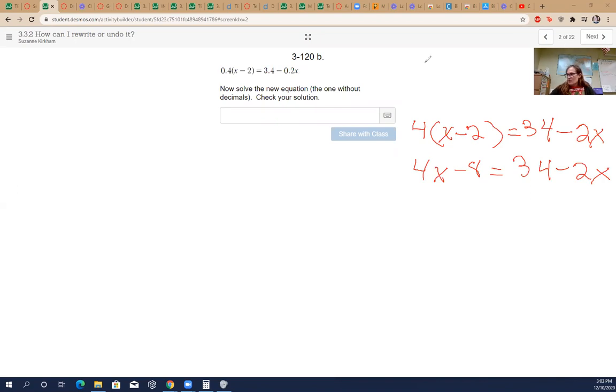We've got a negative 2x that we can add to both sides and combine it with the 4x, so plus 2x. That'll give us 6x. Then we have a negative 8 that we can add to both sides, so add 8. 34 plus 8 equals 42. Then we just divide both sides by 6, and that will give us our answer of x equals 7. And that's what we type in our answer box.